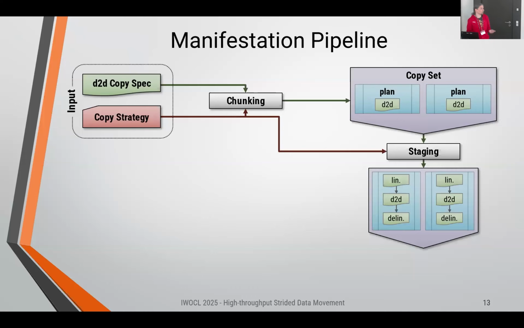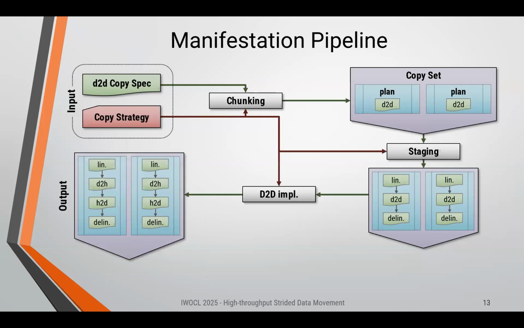Then there's staging, if again staging is required by the copy strategy, which could then change each of those parallel plans into a sequence of operations where first, for example, it linearizes, then it performs the transfer, and then it delinearizes again on different devices in the general case.